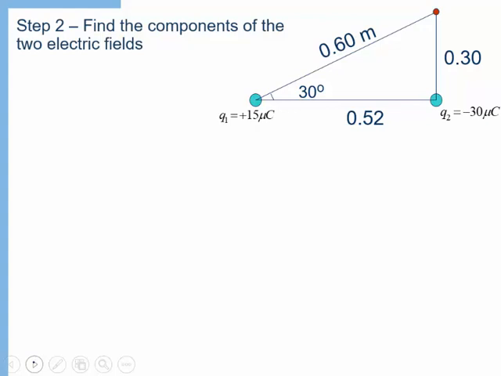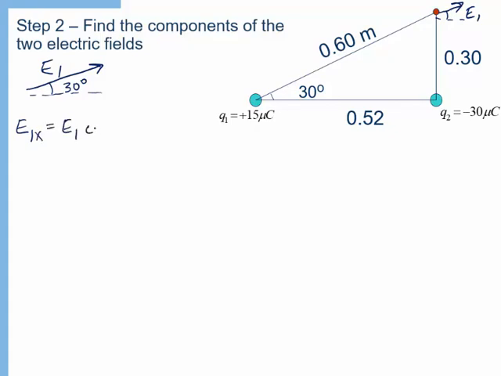The next step, just like in any other vector addition problem, is we know we need to find the components. So remember that E1 is that vector. Let's just enlarge that a little bit. Here's E1. You'll notice that it makes an angle relative to the x-axis of 30 degrees. And so the x component, E1x, is just E1 cosine theta.